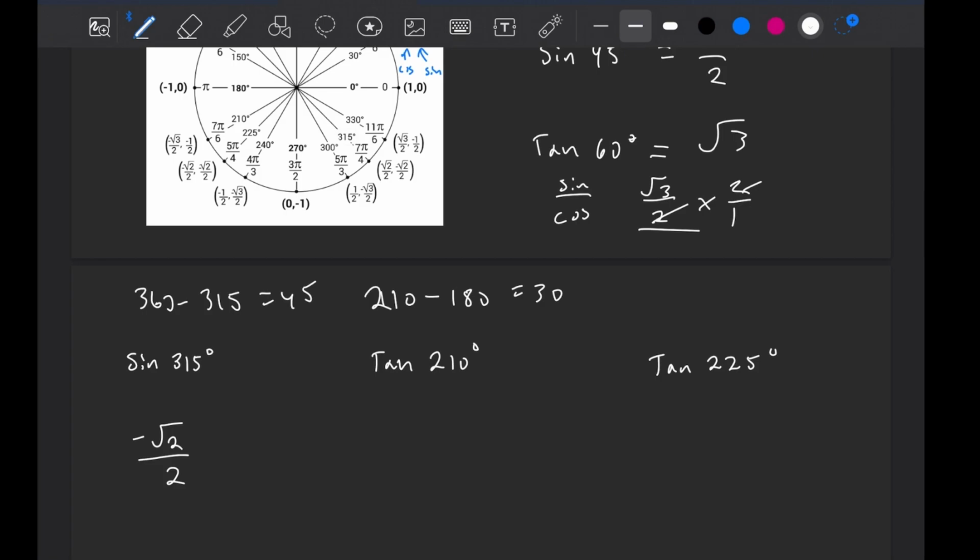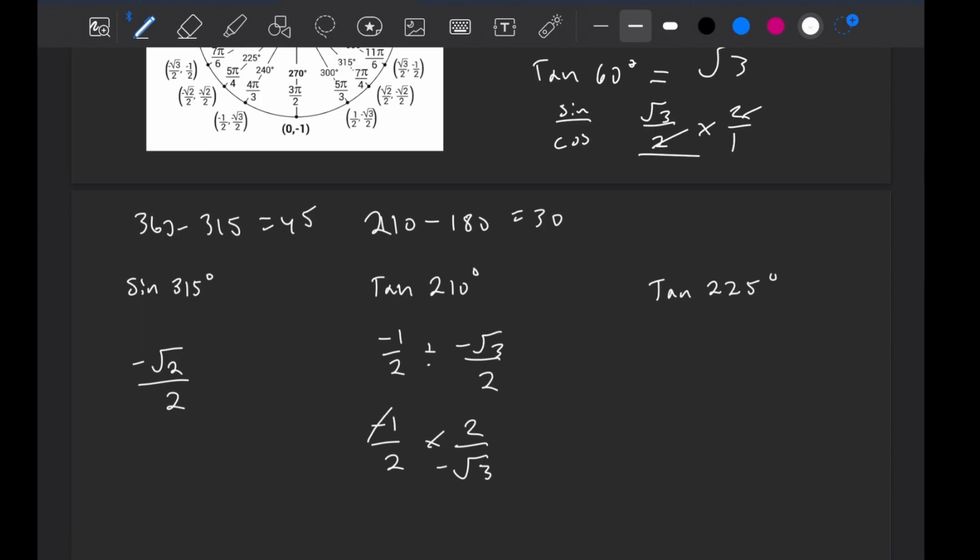So then we would just do negative sine values, so like negative 1 over 2 divided by the cosine, which is negative root 3 over 2. And then remember that division is the same thing as multiplying by the reciprocal. And then the negatives cancel, and then you're left with just 1 over root 3, rationalized would be root 3 over 3.